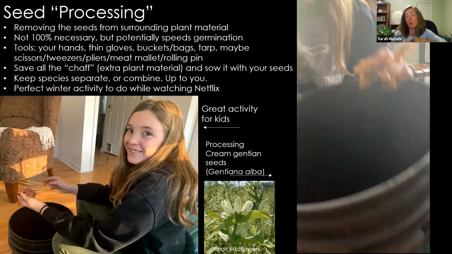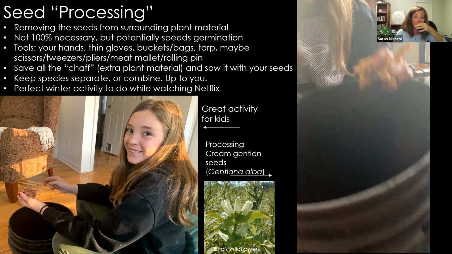If it's more complicated than that, maybe I'm just rubbing it, or I'm just throwing the whole seed head out wherever I want it to grow. You can rub some of these over a mesh screen. You can get as complicated as you want with it, or you can be as simple as you want with it. It's up to you.